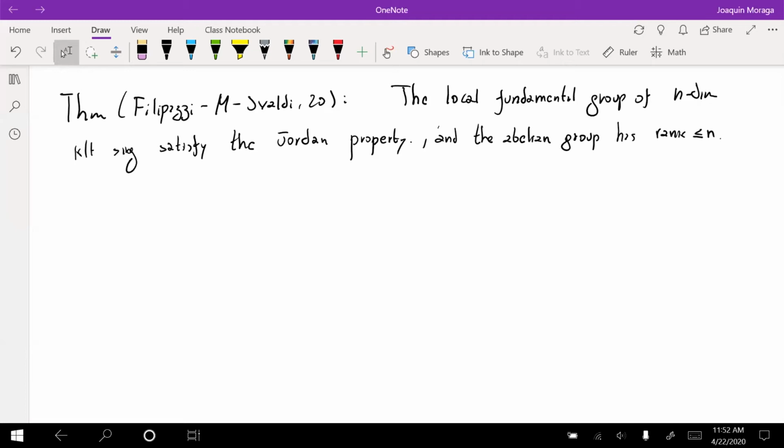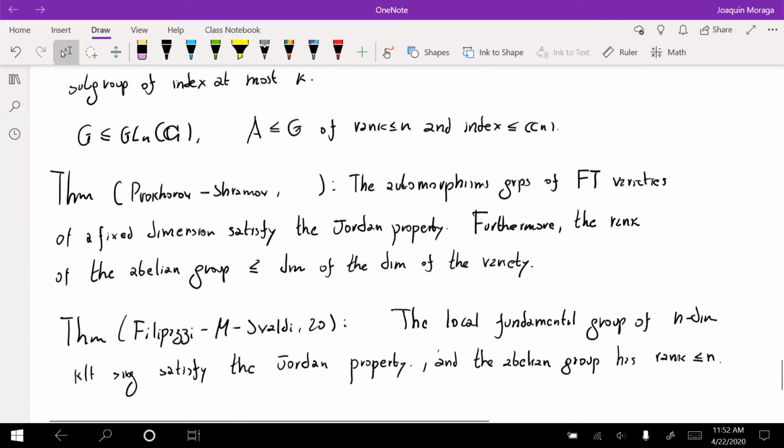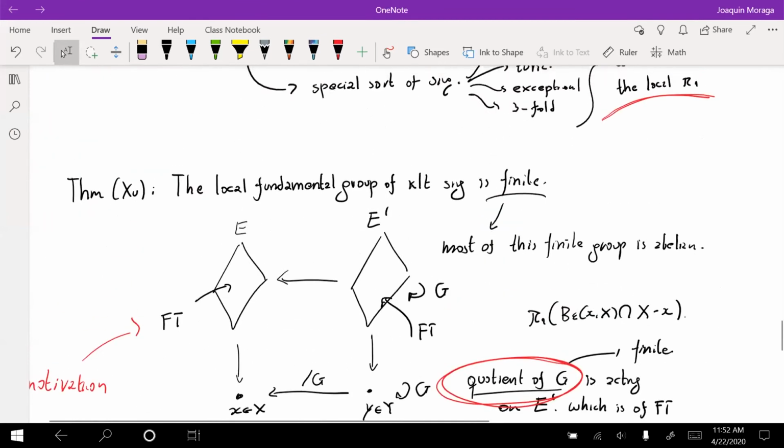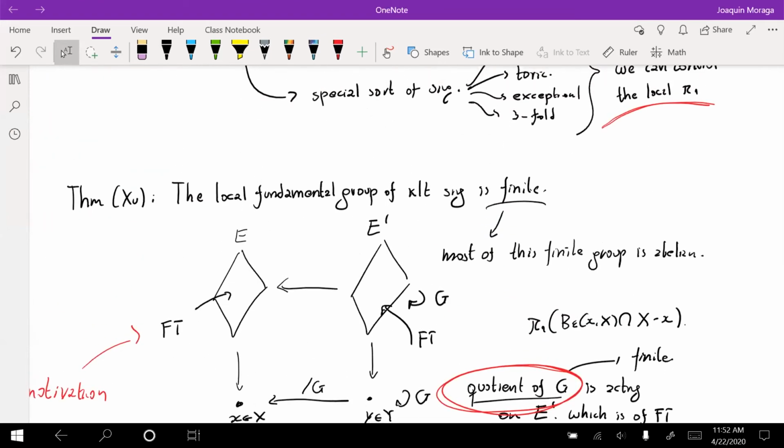Probably you're thinking about this conjecture of Kollár that the local fundamental group is finite. Yeah, I have to do some fixing here. So here, I should write the profinite completion. What Chenyang proved is that the profinite completion of the local fundamental group is finite.